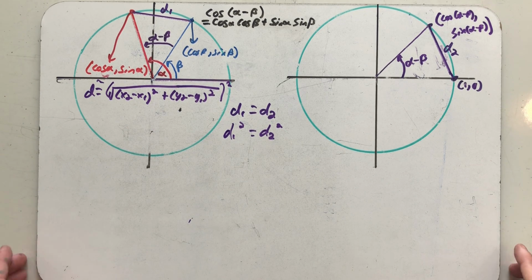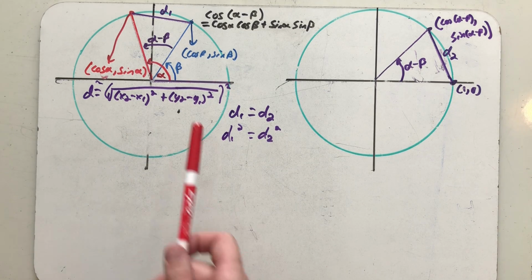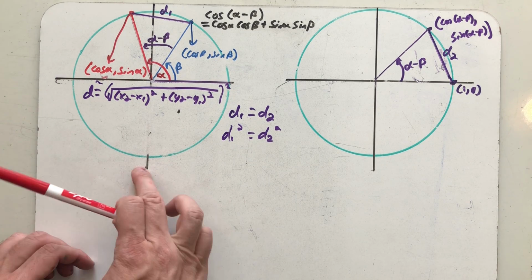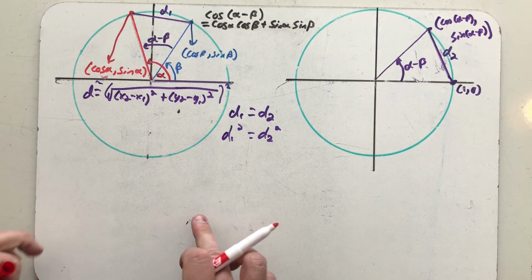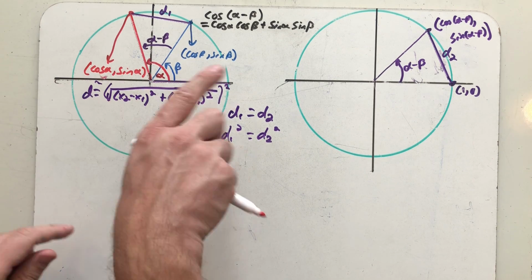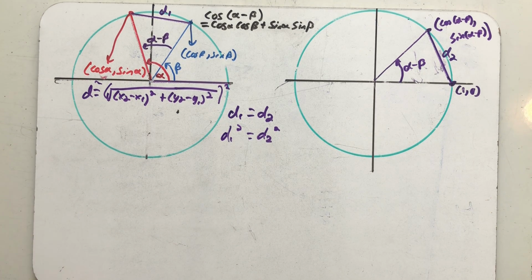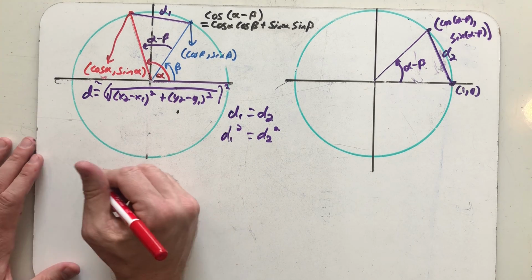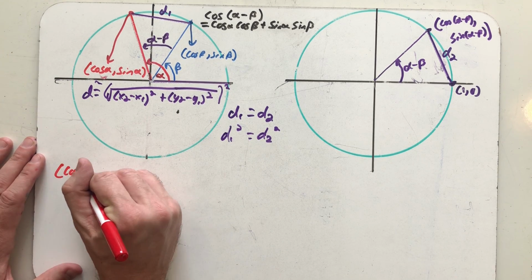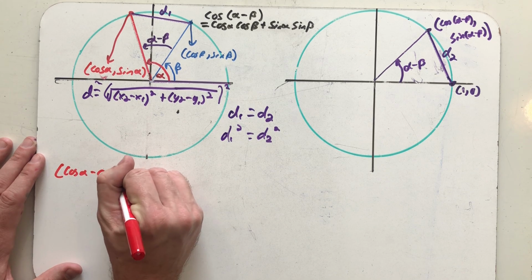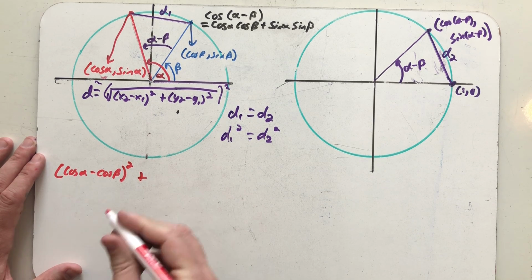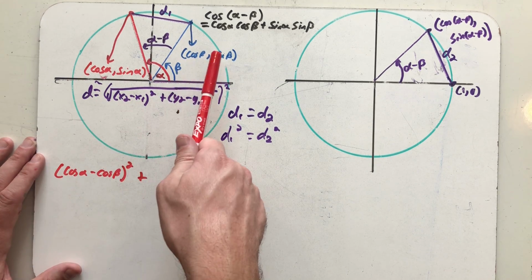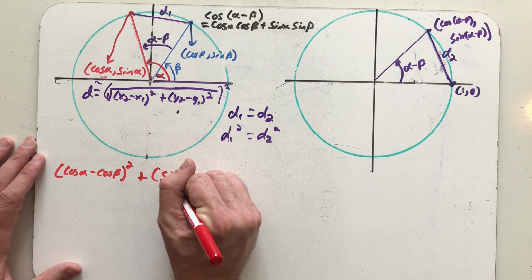Let's write down what the square of D1 is. So x1 minus x2 is the cosine of alpha minus the cosine of beta, so cosine of alpha minus cosine of beta squared, plus sine of alpha minus the sine of beta squared.